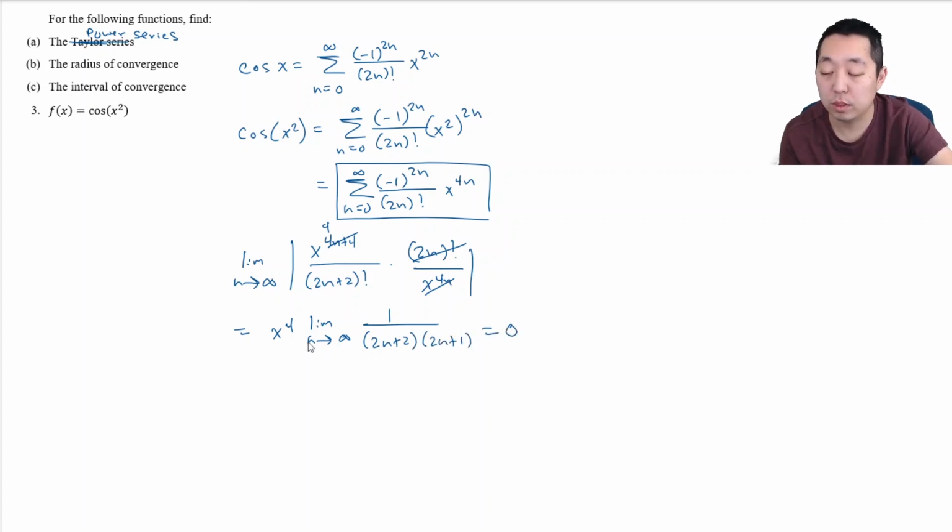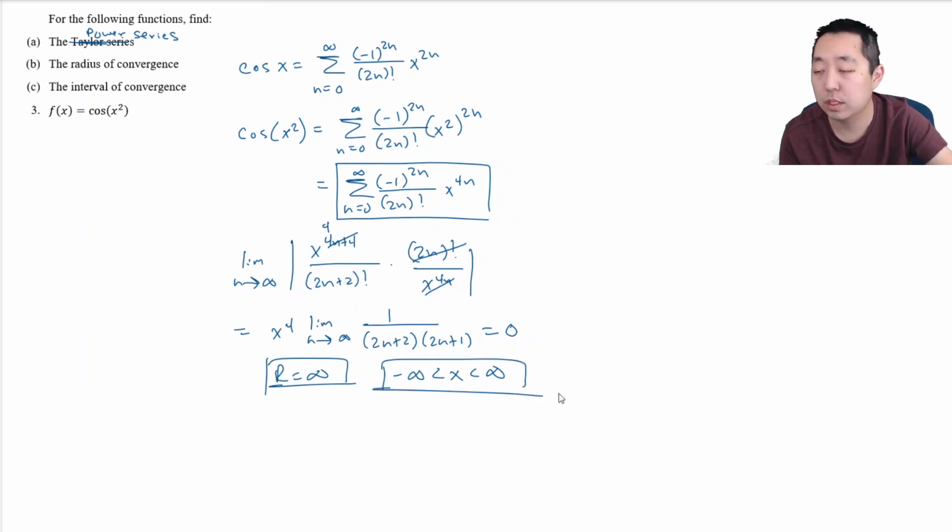And that's equal to 0. So it always converges. The radius is infinity, and the interval is negative infinity less than x less than infinity. Those are the radius of convergence and the interval of convergence. Okay. So yeah, cosine x converges for all values of x. So if I just square it, it's still all values, right?